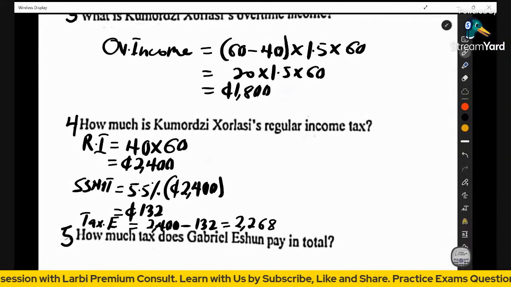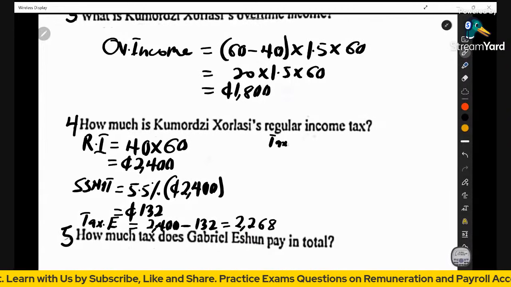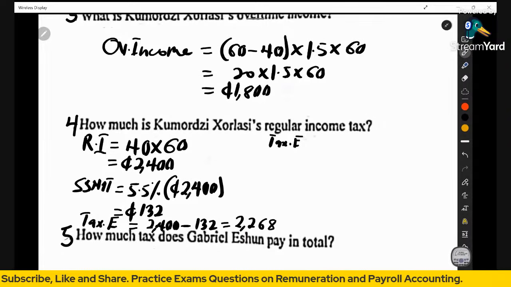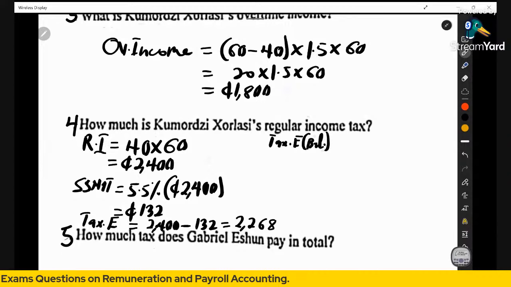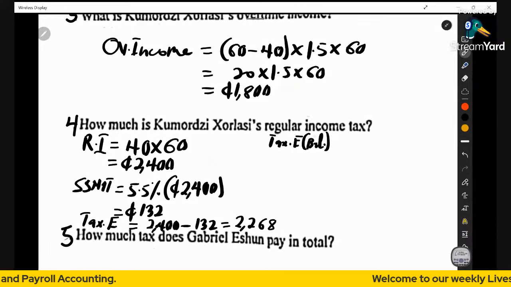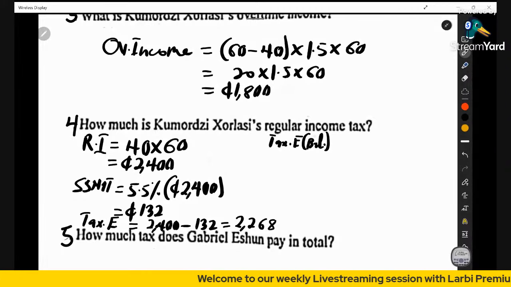You have a column called taxable earning, but in this case, it is a taxable earning as a balance. And I will explain that. So I'll shorten it to balance.